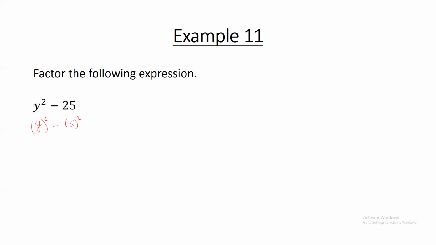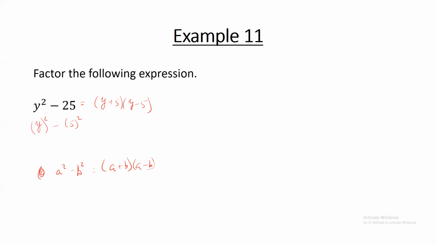So in the formula a² - b² = (a + b)(a - b), your a and b are y and 5. And so your answer is just (y + 5)(y - 5), just following the formula.